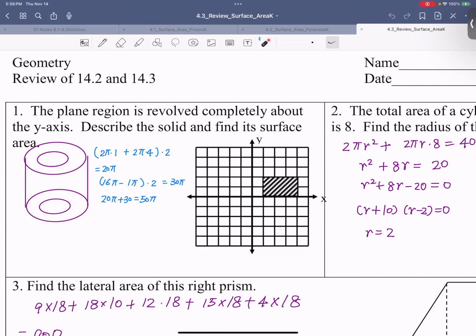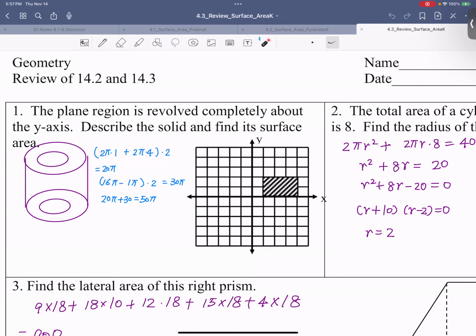So for the smaller one, your radius is 1, so you have 2 pi r times h, 2 pi times 1. This one you cut open as a rectangle, and this one you cut open as a big rectangle. So the big one is 2 pi times 4, the smaller one is 2 pi times 1. You do this sum and you times by 2, which gives you 20 pi.